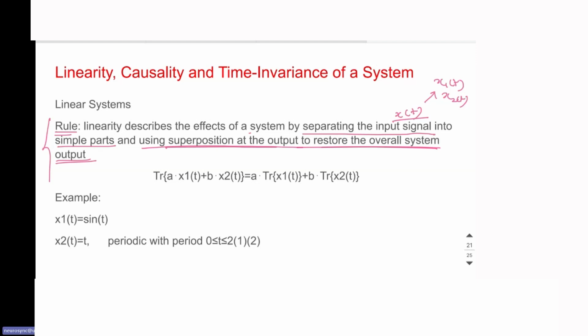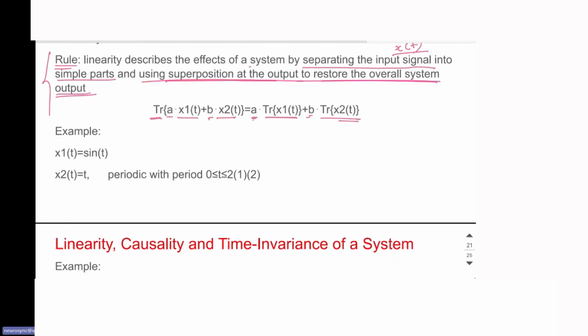Now I'm doing some scaling operation on x1 of t and x2 of t, and after applying the transformation, what will I get? The scaling will be A times the transformation on the first signal, plus B times the transformation on the second signal. So we can restore the overall system output using this.